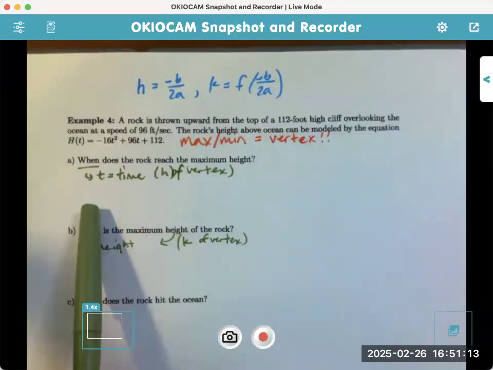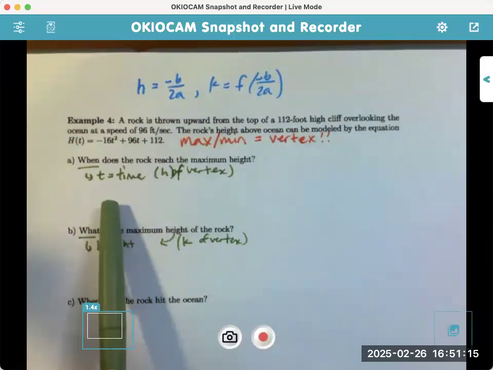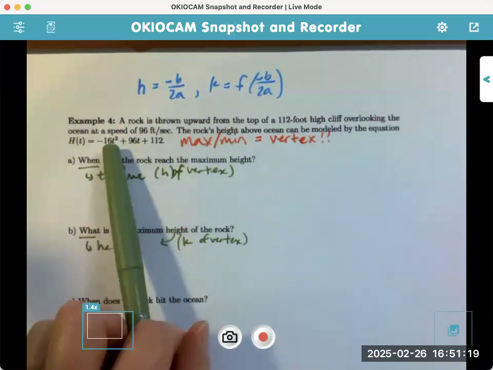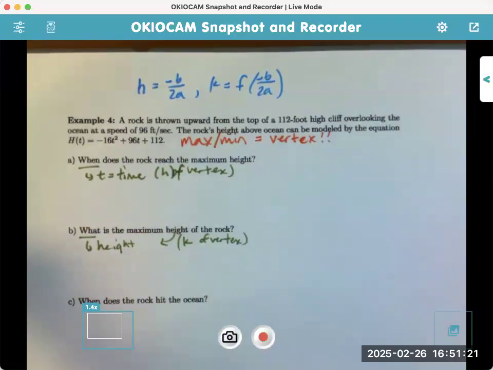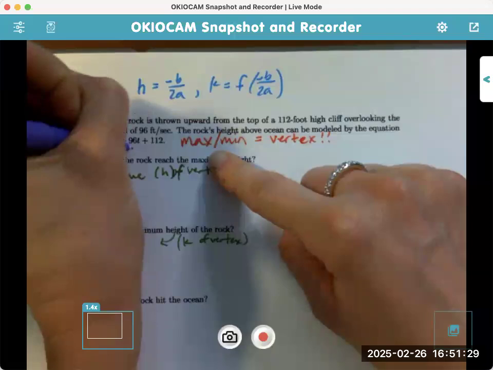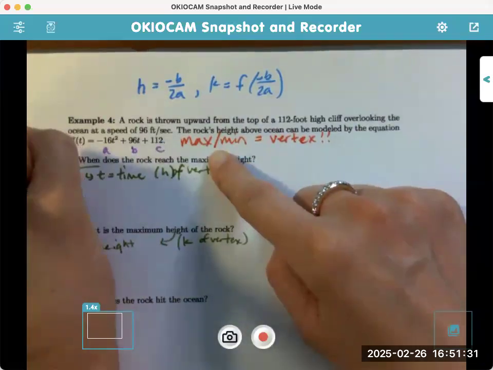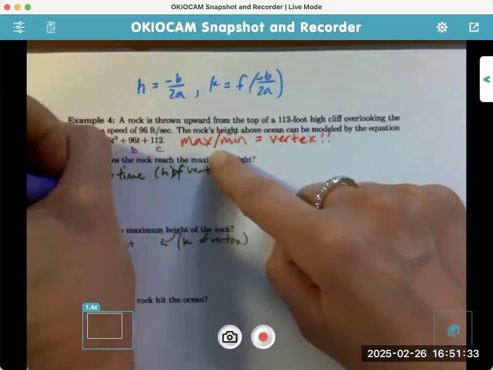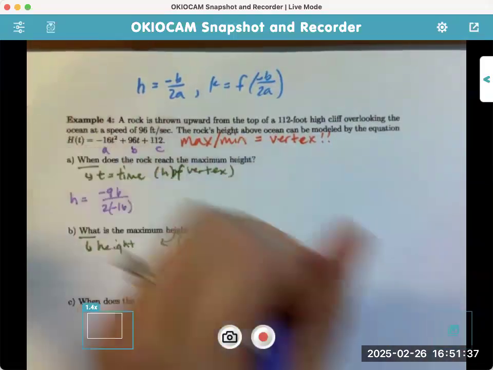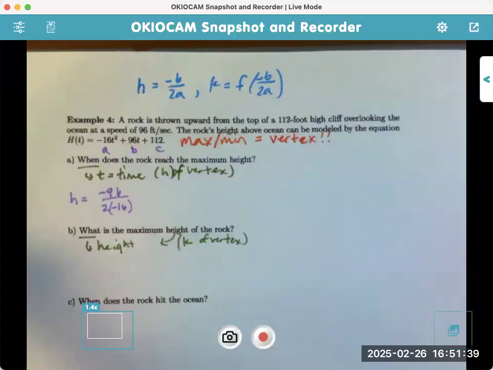So what this says is you're just going to use negative b over 2a. You're going to pop negative b over 2a into the formula, and then you're going to call it good. Okay, so remember this is a, b, c. So this h is negative 96 over 2 times negative 16.